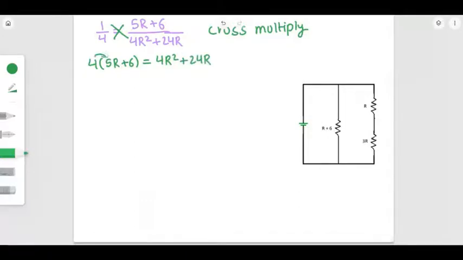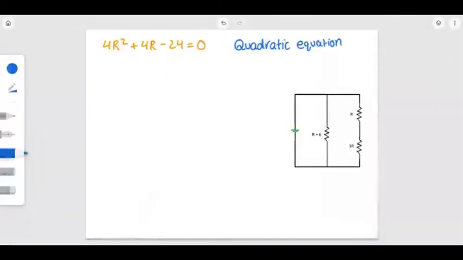We're going to simplify by multiplying, so it's going to be 20R plus 24 equals 4R squared plus 24R. As we simplified our expression more, we stopped at a quadratic equation, which is 4R squared plus 4R minus 24 equals 0.